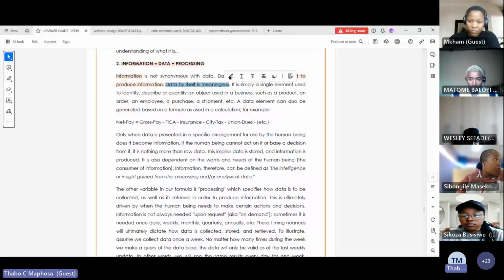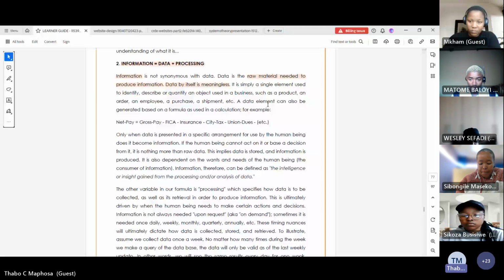It is simply a single element that is used to identify, describe, or quantify an object used in business, such as a product, an order, an employee, which is you in this case, or a purchase or a shipment. Data can be anything. It's useless if it is not properly dealt with.